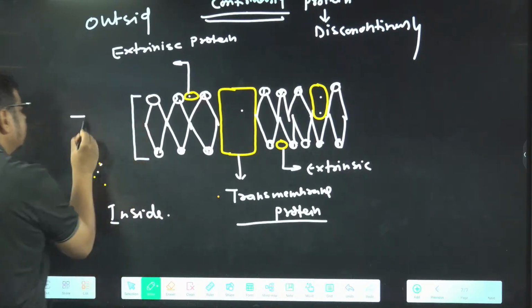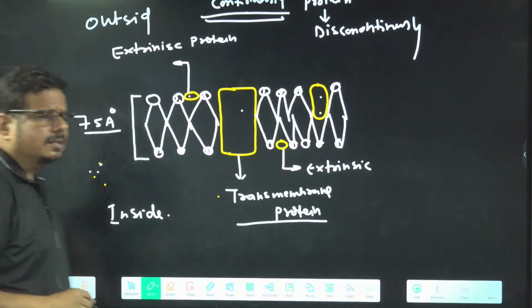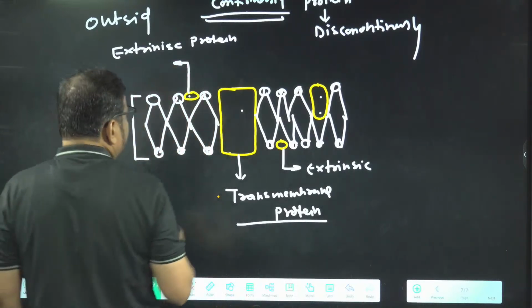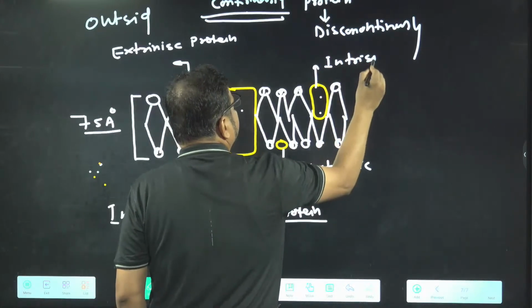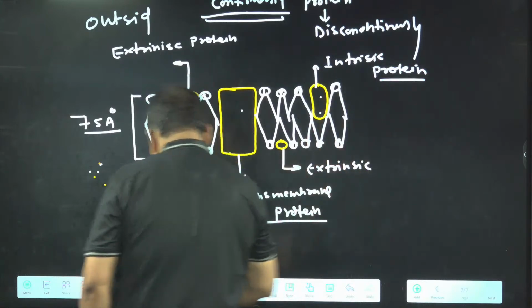The thickness is 75 angstrom. Are you able to understand? Is it clear in the mind? This is the intrinsic protein.